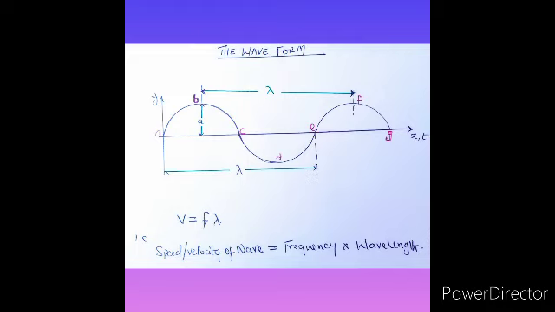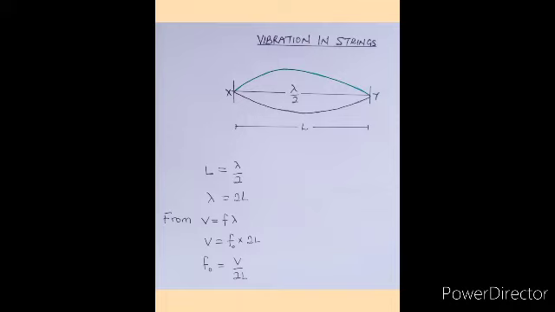Now considering the diagram that we have above, you can see a string tied at both ends, at the point X and at the point Y. If the string is plucked at the middle, there will be a vibration that will be set in across the string.